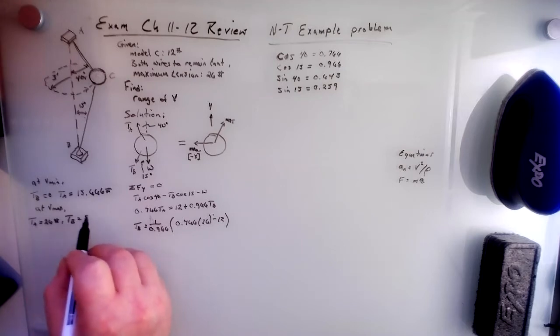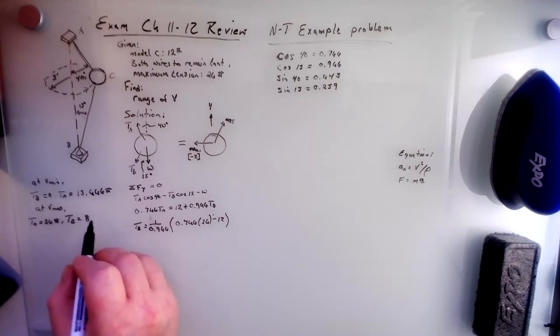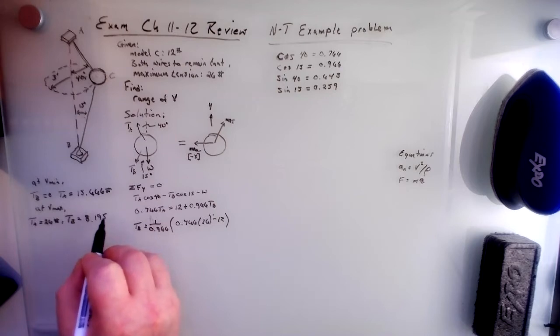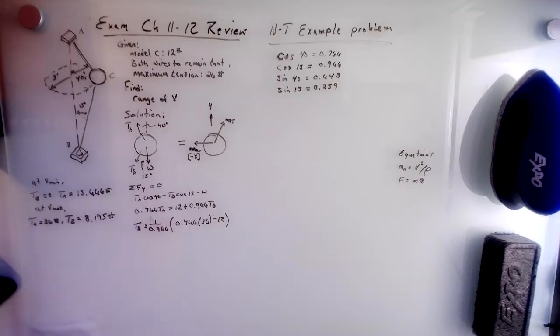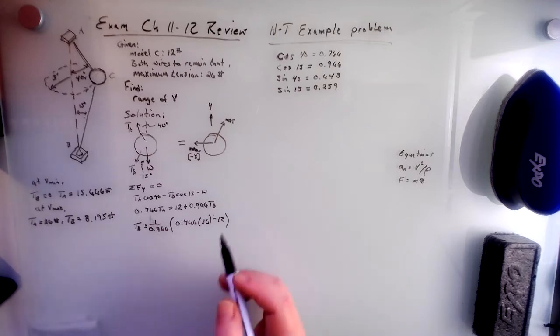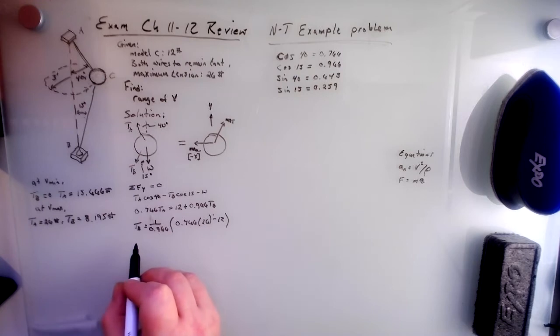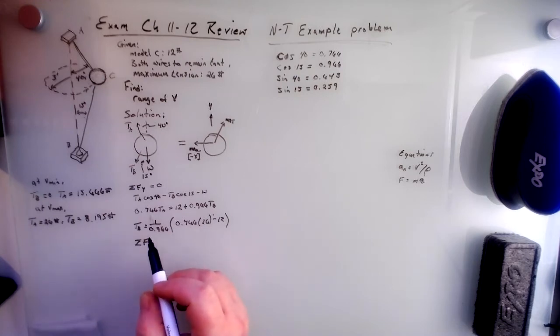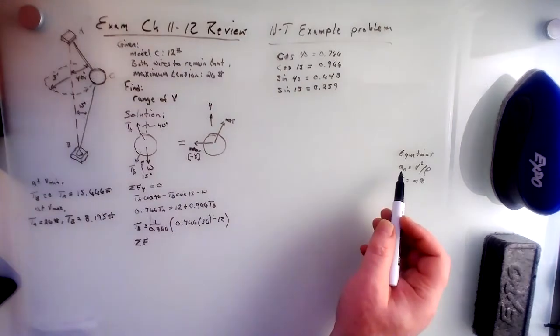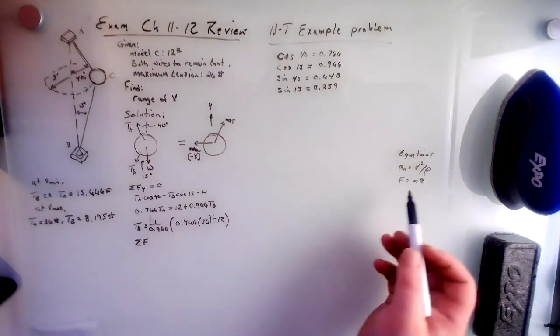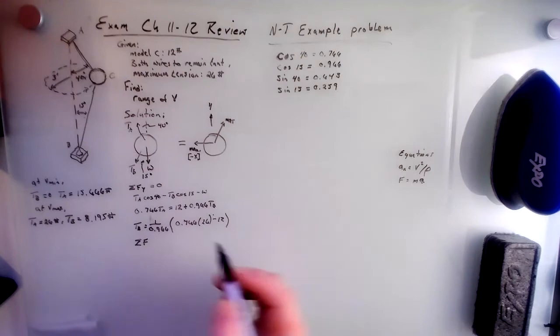TB equals 8.195. Okay, so now we have the tensions at each range, which is good. So now let's do a sum of the forces in the normal direction, and that allows us to bring V in.